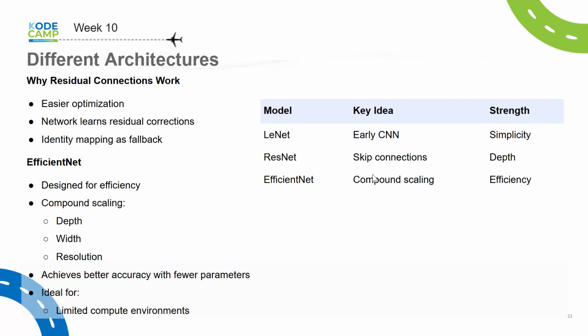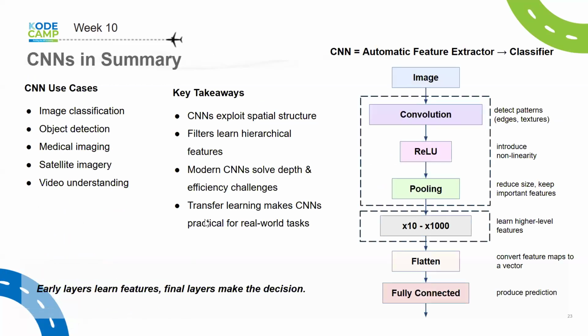Then EfficientNet came with other things, designed for efficiency, compound scaling. So you could scale it depth-wise, add more layers, width-wise, increase the dimension of each layer, and resolution. So it achieves better accuracy with fewer parameters, and it's ideal for limited compute environments. So those are different architectures.